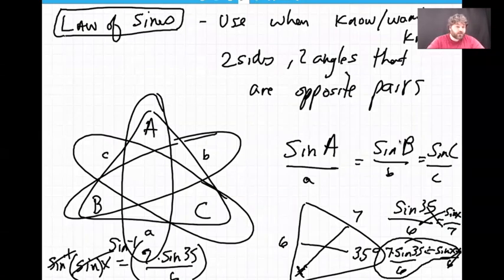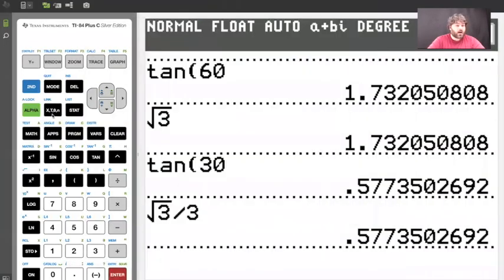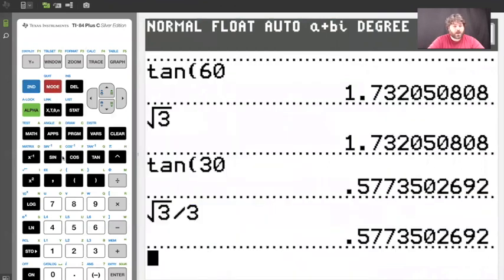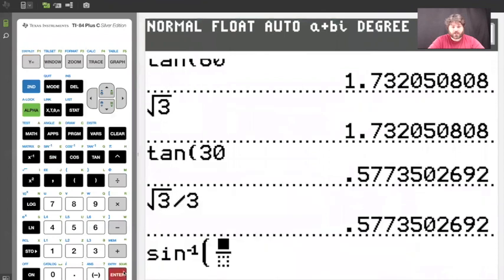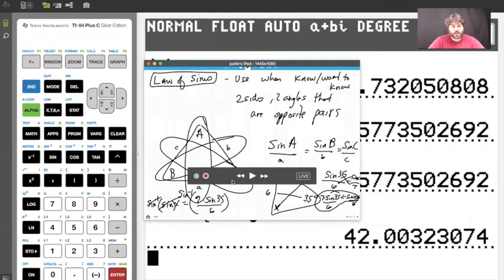It's not terribly difficult, right? 35 is degrees, so I need to make sure that I'm in degree mode, which I am. So second sine inverse of a fraction: I want 7 times sine of 35 divided by 6. There we go, 42 degrees. That's how we use law of sines.